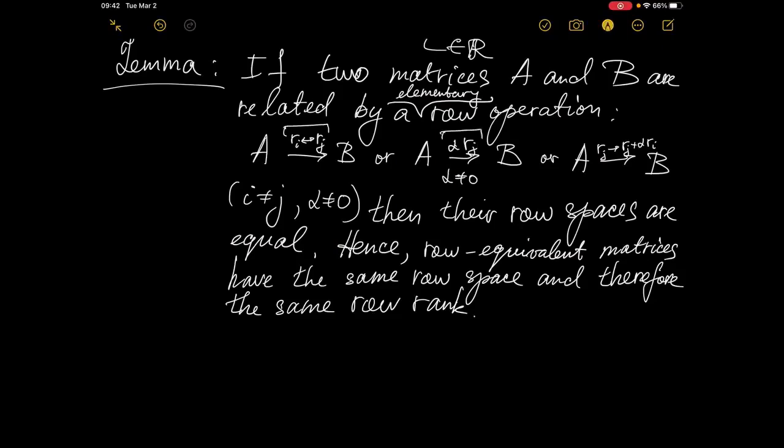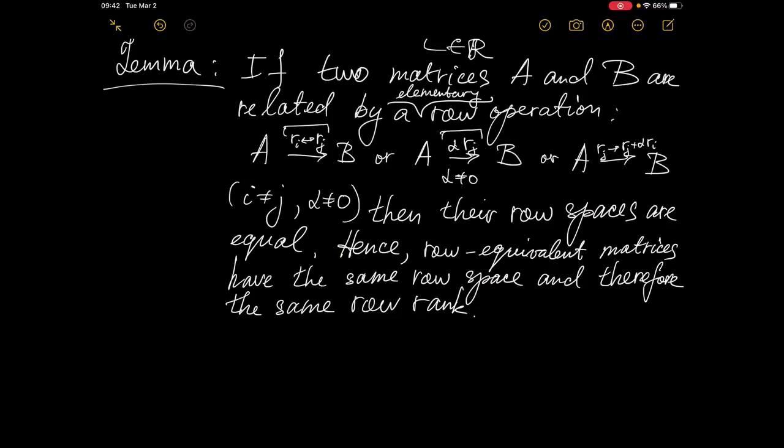If we multiply any vector by a non-zero scalar, we start from some vector and just multiply it by a non-zero scalar.